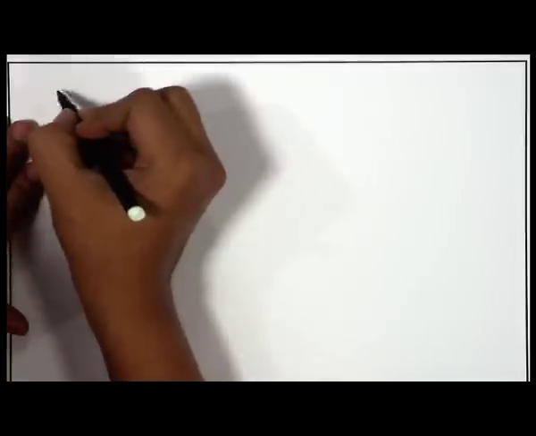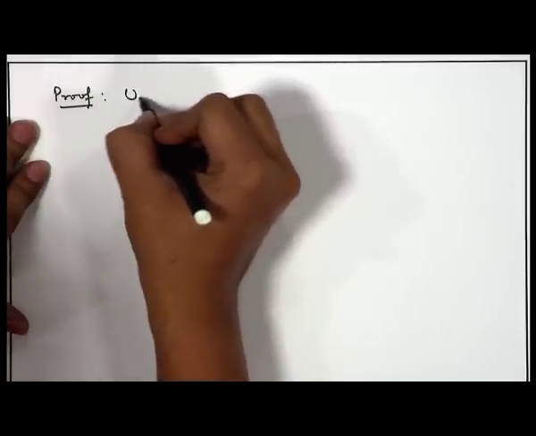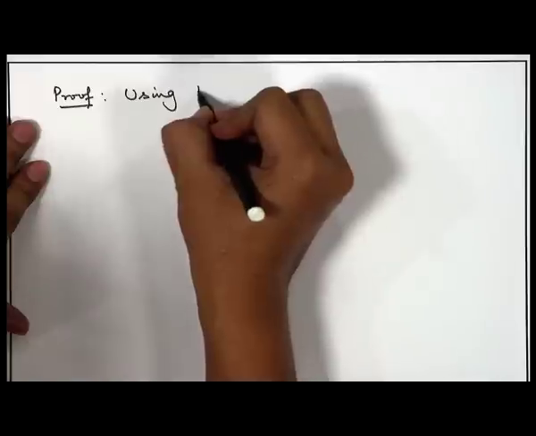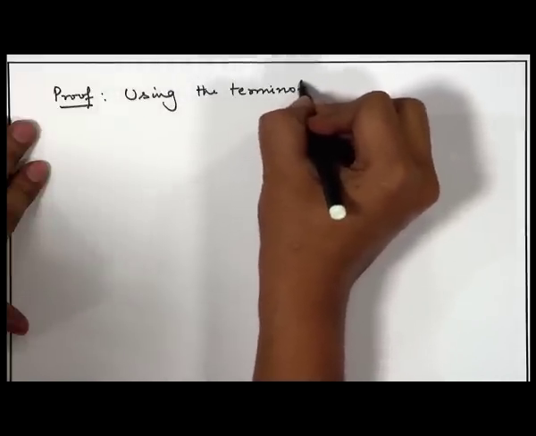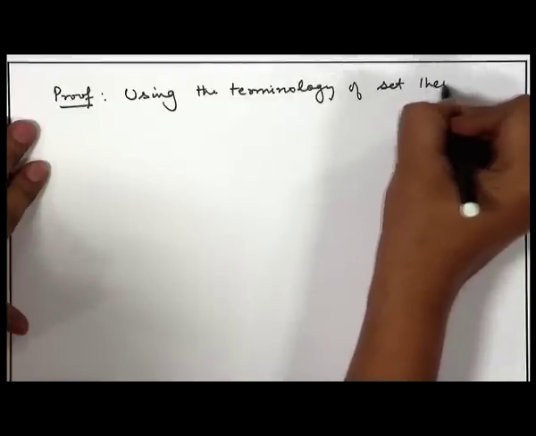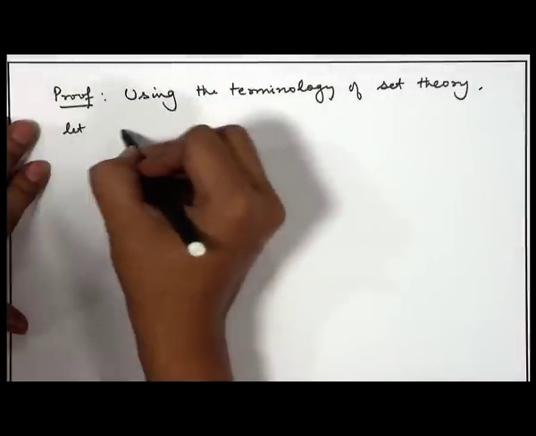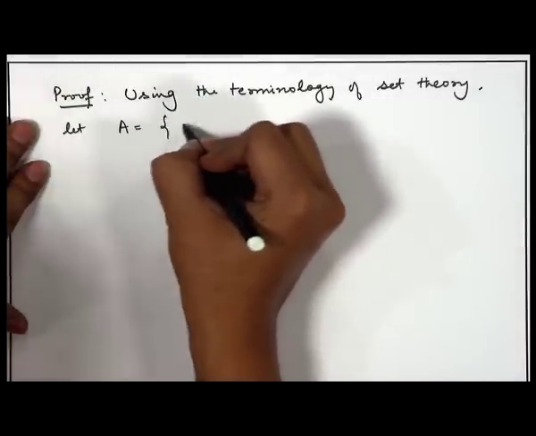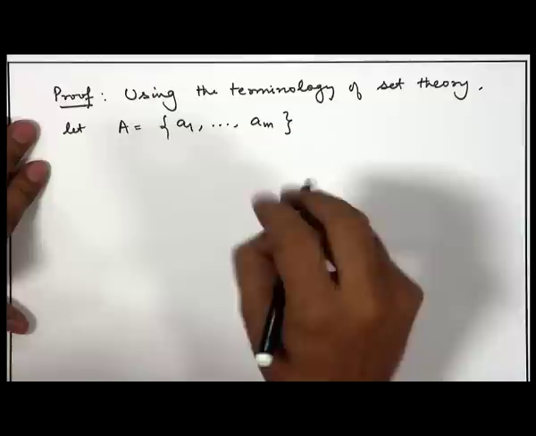So, let me just give a brief illustration of a theoretical proof of this multiplication principle. We can use the language of set theory, using the terminology of set theory. Let A be the set consisting of m elements a1, a2, am.